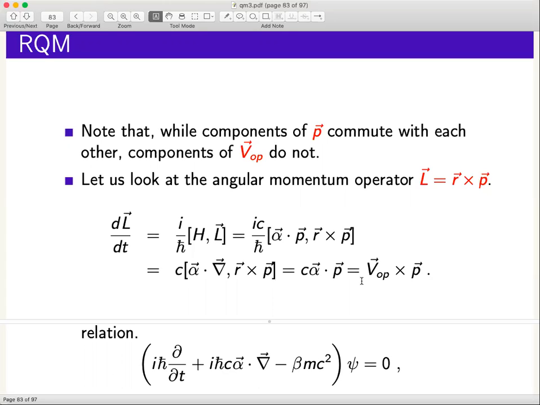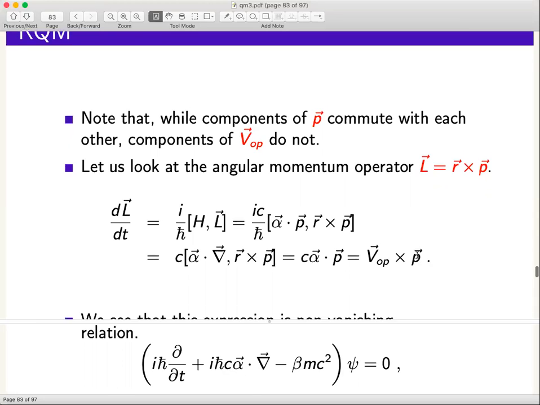Now, had there been a simple relation between the velocity operator and the momentum, then we would have said that this answer is 0, because if the momentum operator and velocity operator are parallel, which is the usual case, p is equal to m times v, then this is naturally 0. But that's not the case now.